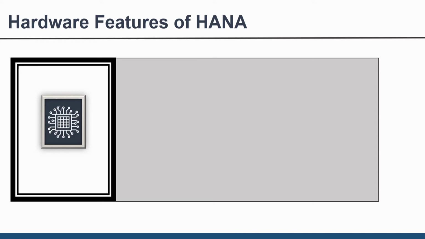HANA is different from other databases because of its unique hardware and software features. So it's not just because of hardware features or just because of software features, but a combination of both. And that is why you need to understand what the hardware features of HANA are.